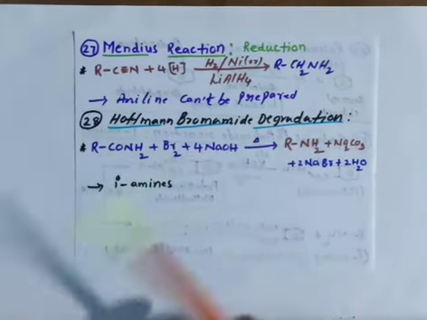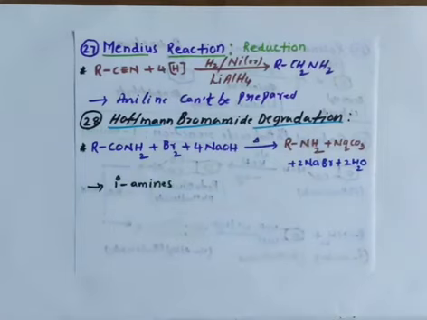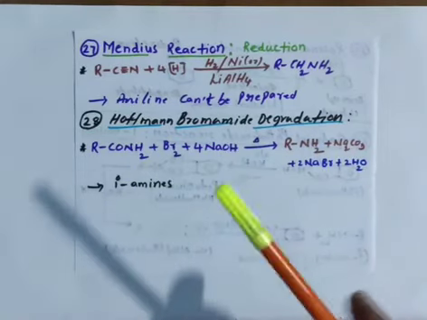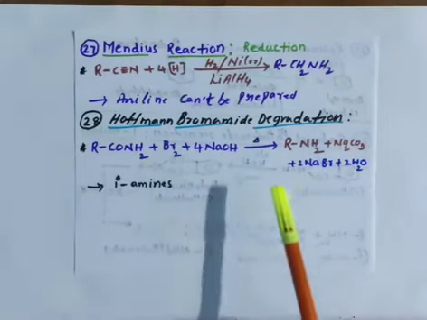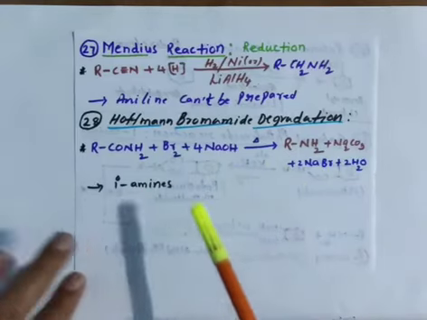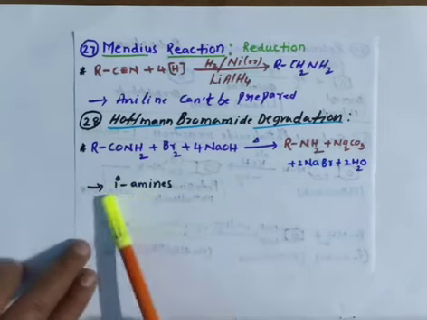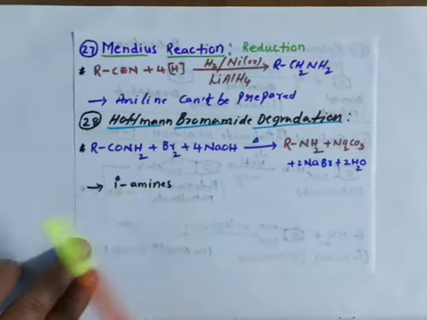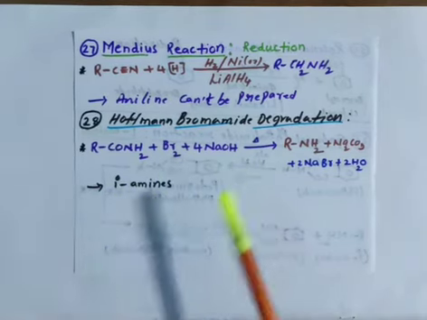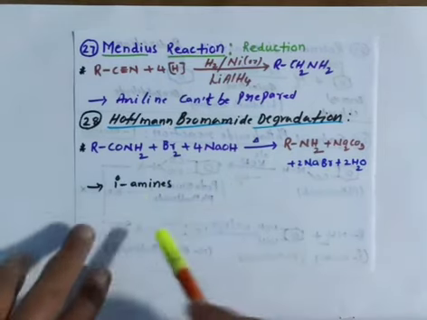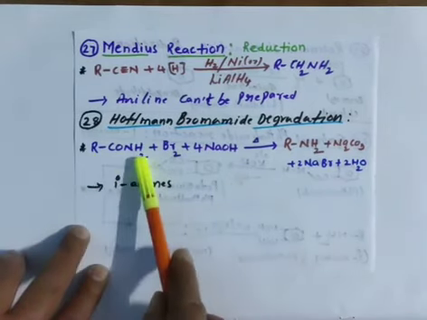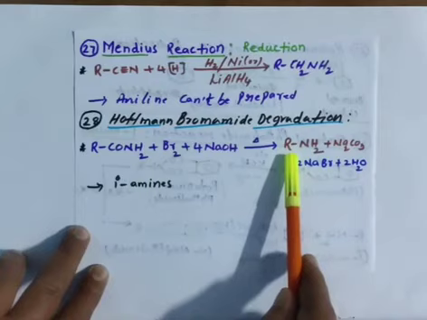If anybody needs how this mechanism takes place, you go to my channel. All named reactions with mechanism I explained. By the Hoffmann bromamide reaction, we can prepare only primary amines, not secondary or tertiary amines. Clear? So amides are converted to amines.